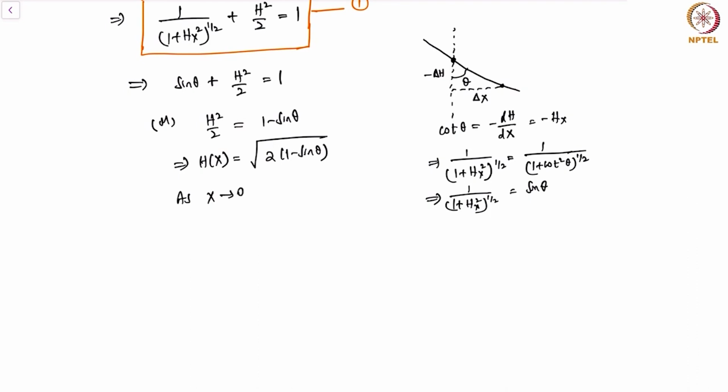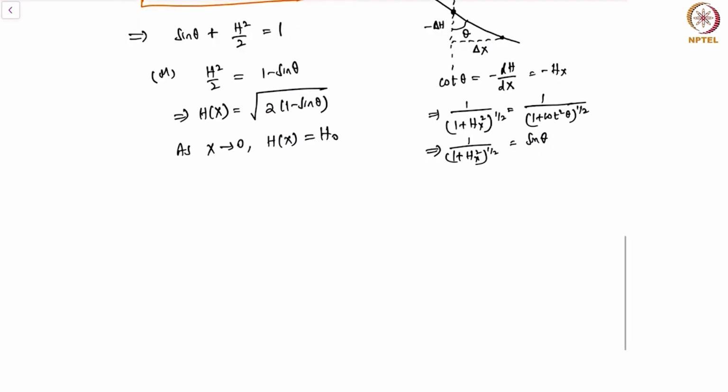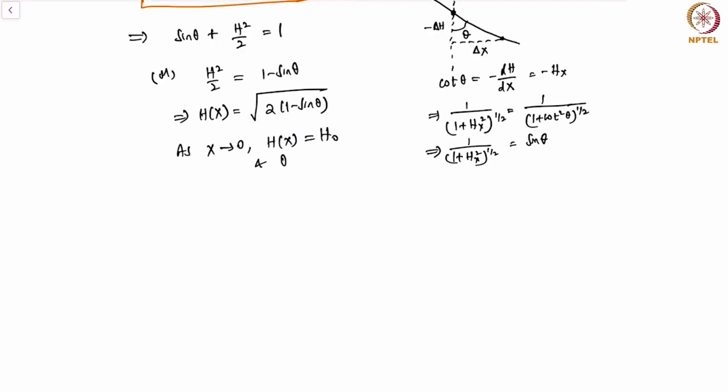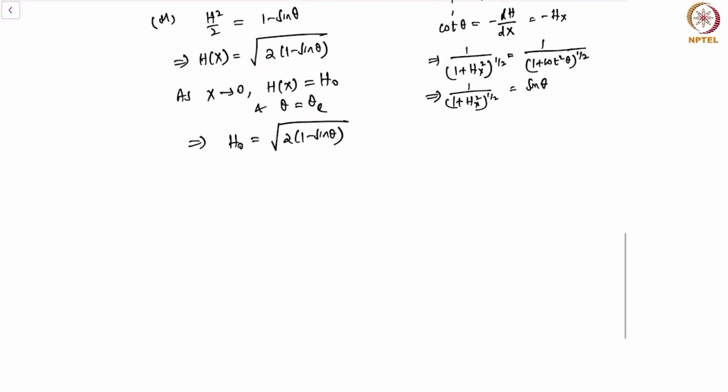As x goes to 0, capital H of x becomes h naught, and theta becomes equal to theta e, and therefore I have h naught is square root of 2 into (1 minus sine theta). I can also write this in terms of the dimensional height, and that dimensional height, h naught of small x, essentially becomes square root of 2 gamma by rho naught g times (1 minus sine theta).